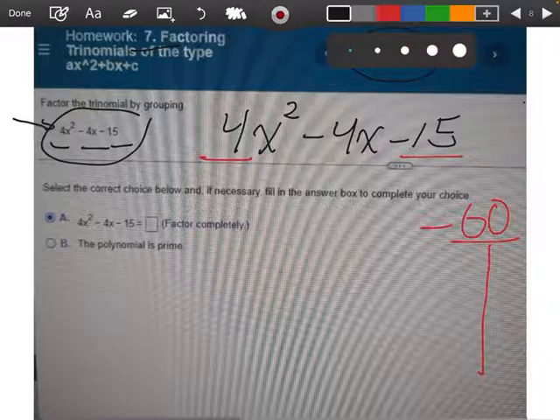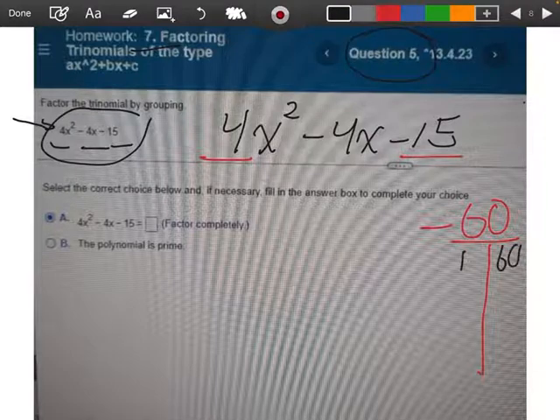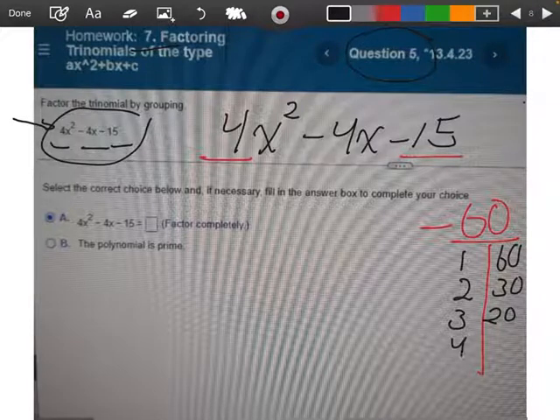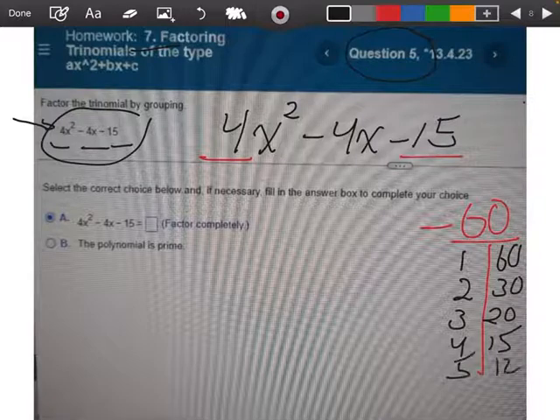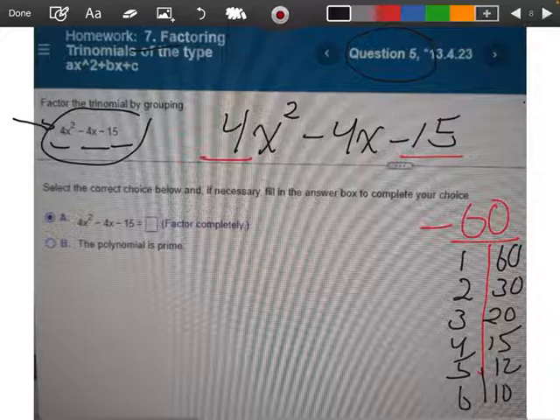So let's start: 1 and 60, 2 and 30, 3 and 20, 4 and 15, 5 and 12, 6 and 10, and I think those are all the numbers that multiply to negative 60.